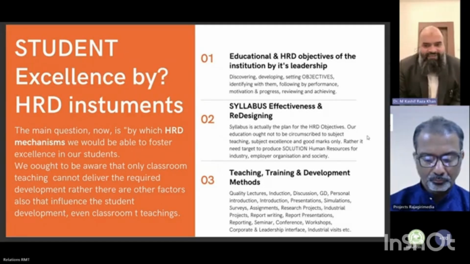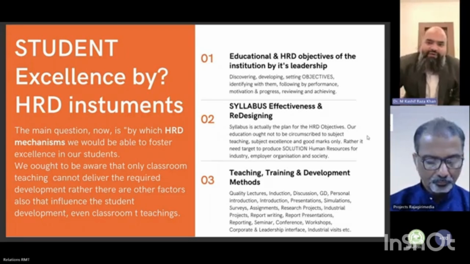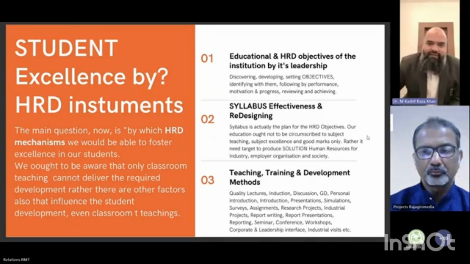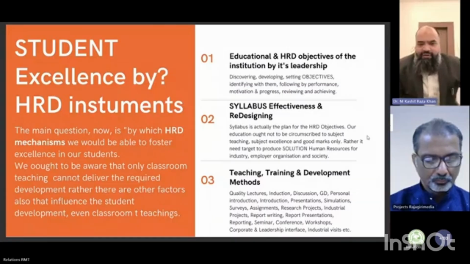I am talking in a philosophical term: the syllabus is the plan of HRD. Which quality of human resources, the outcome personality we want to produce, would be determined by the syllabus. So I am suggesting here that our syllabus needs effectiveness as per the requirement.